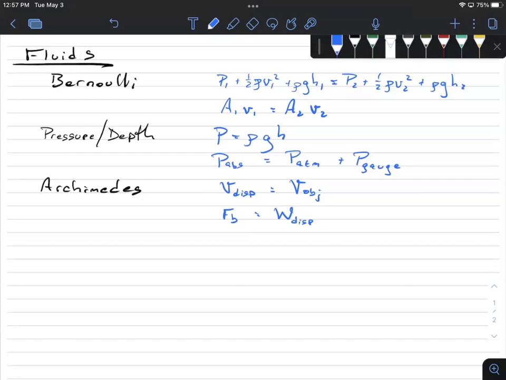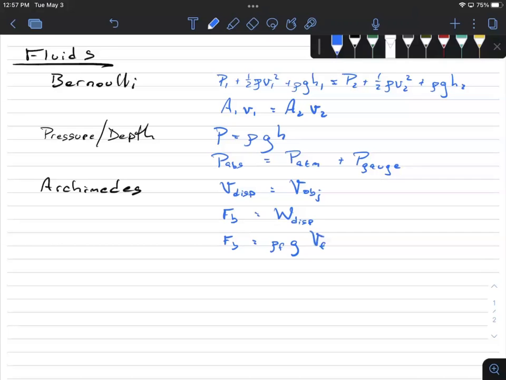And then the next two relationships are just kind of a way of rewriting this equation in a new way. So the first one says the buoyant force is, well, what is the calculation for the weight? Well, it's density of the fluid times g times the volume of the fluid.